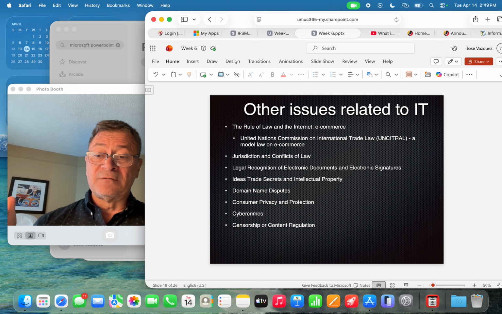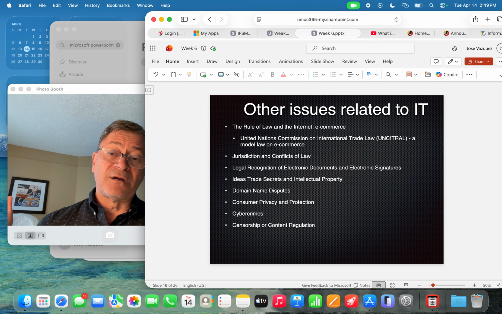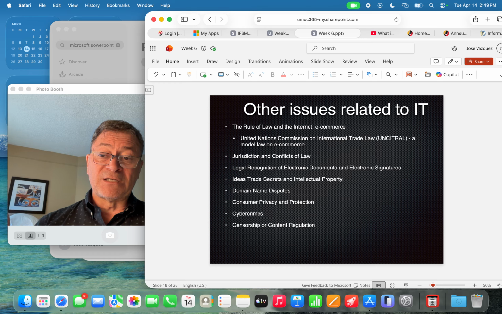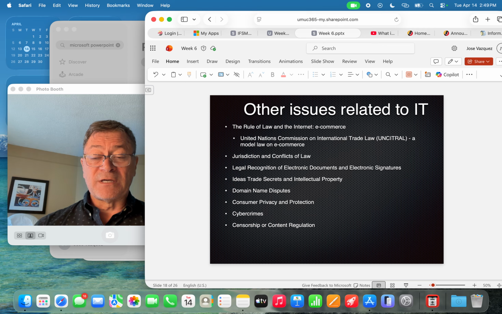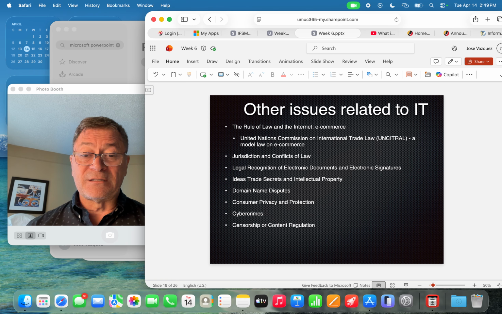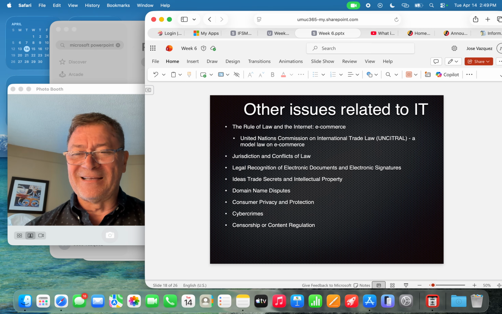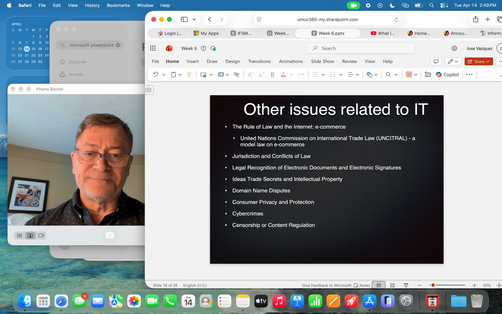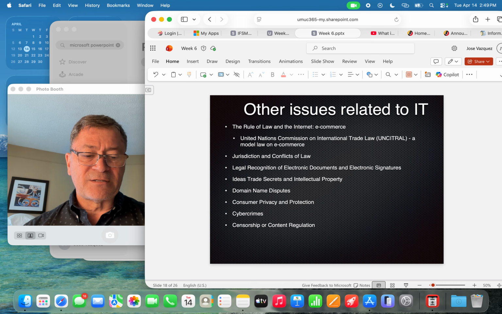I have a young nephew of mine here who is into application development, and he's getting into the healthcare system, and believe me, he's learning a lot about all that stuff. Domain name disputes: you create a domain, you start using it, figure out that somebody else has it and they have the rights to it. It could cost you money. Consumer privacy protection, cybercrime, censorship, and content regulations.